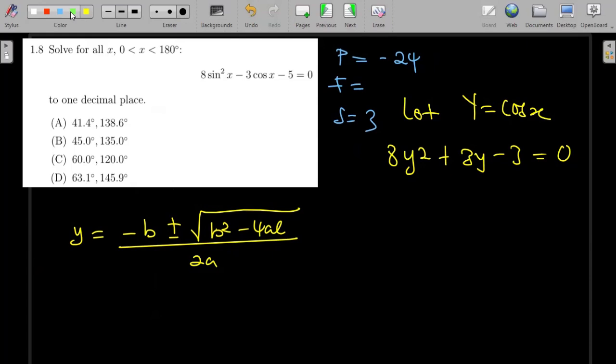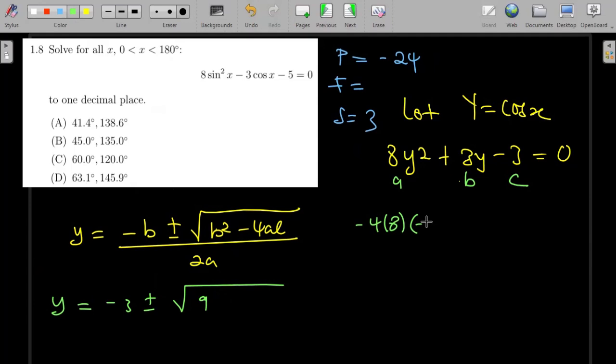Our a is the coefficient of y squared, our b is the coefficient of y, and this is our c. So y will be equal to minus b, that is minus 3, plus or minus the square root of b squared, which is 9, and then minus 4, a is 8, c is minus 3.